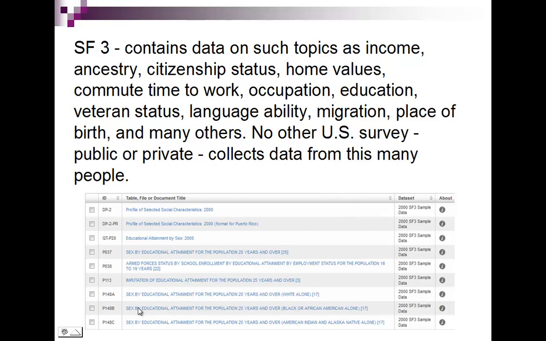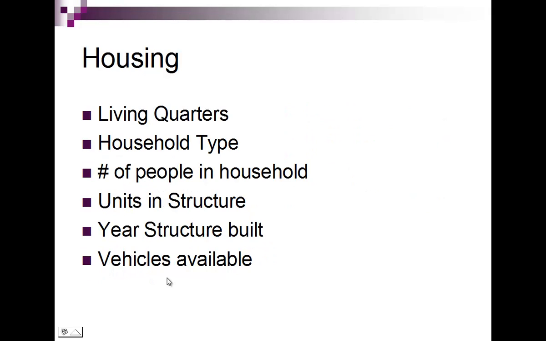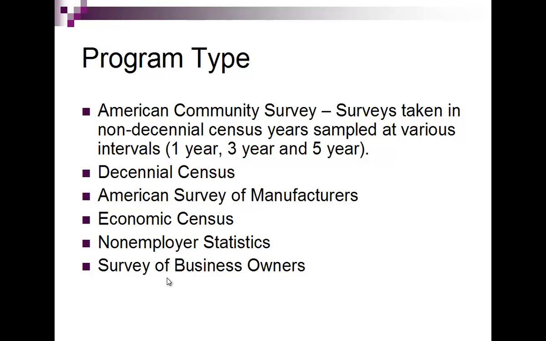You can see some of the information that we have: sex by education attainment for population, some of these other things. In terms of people, we've got disabilities, insurance, fertility status, living quarters, number of units in structure, vehicles available, and these are the different programs that we have.